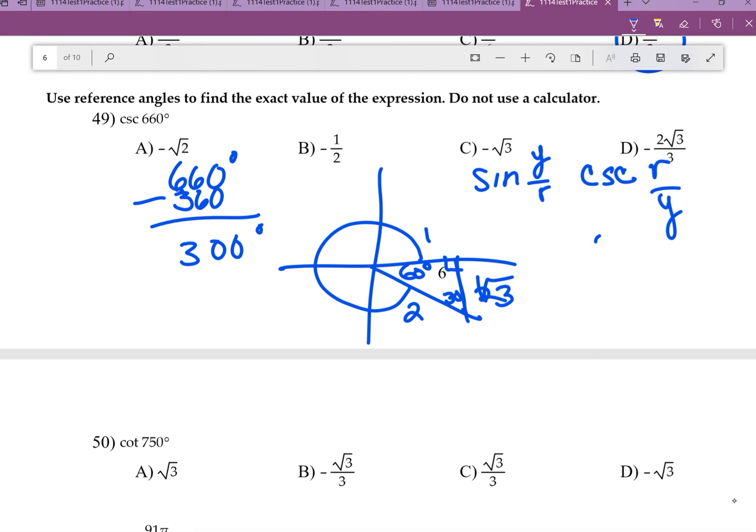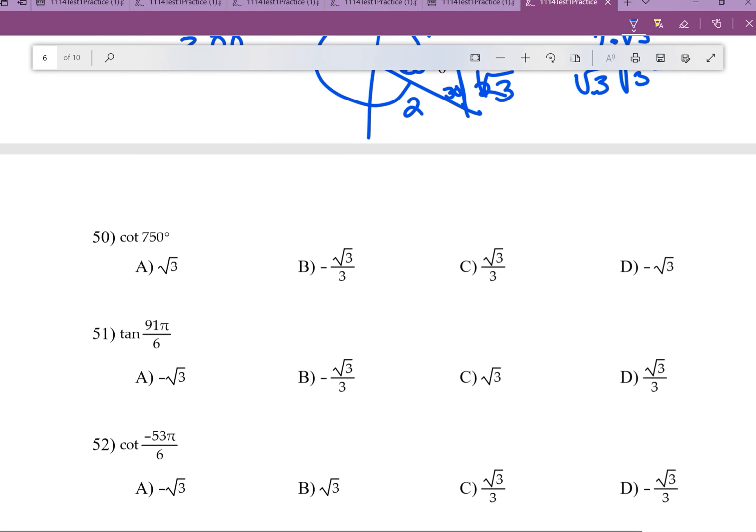So that means that this is 2 over square root of 3, but I have to rationalize that. So this becomes 2 square root of 3 over 3 by default, and that should be answer choice D as in dog for number 49. So that should be this one here.